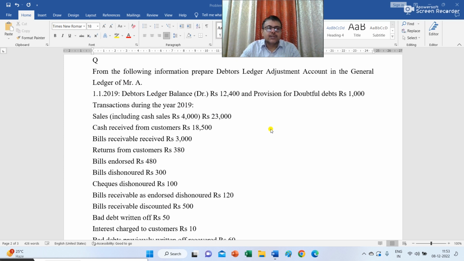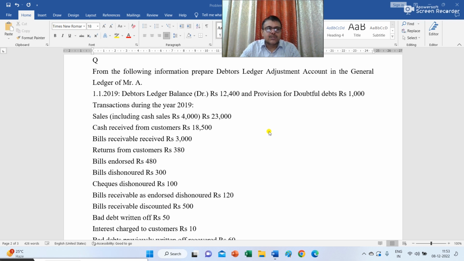Transactions during the year 2019. Sales including cash sales 4,000 and the total sales is rupees 23,000. Cash received from customers rupees 18,500. Bills receivable received rupees 3,000.